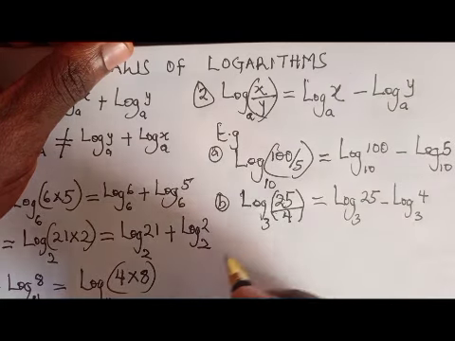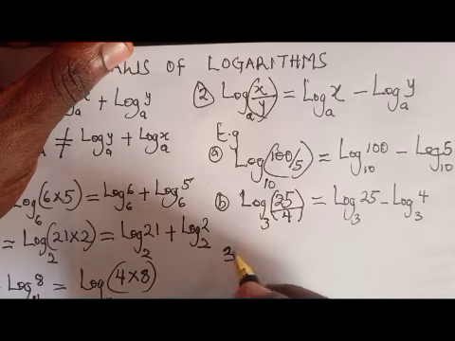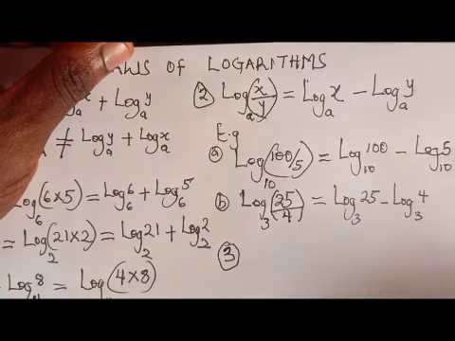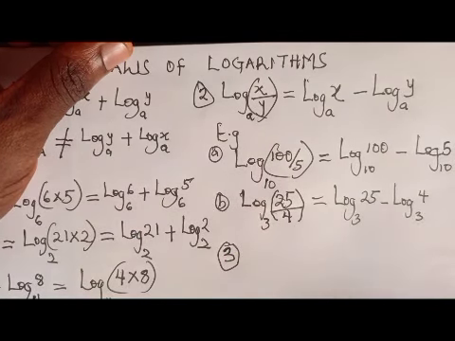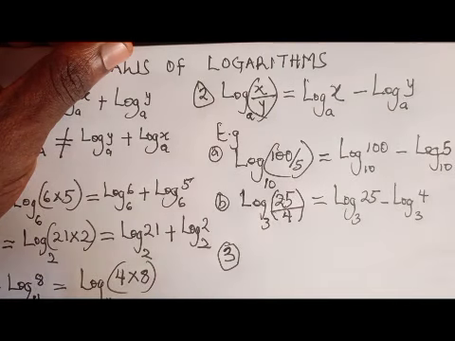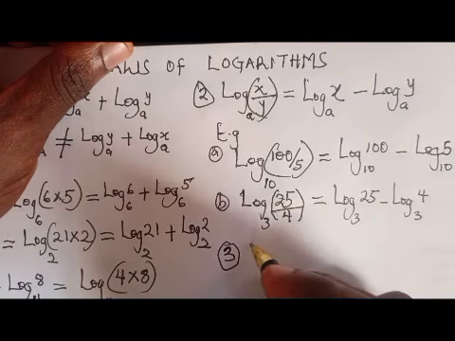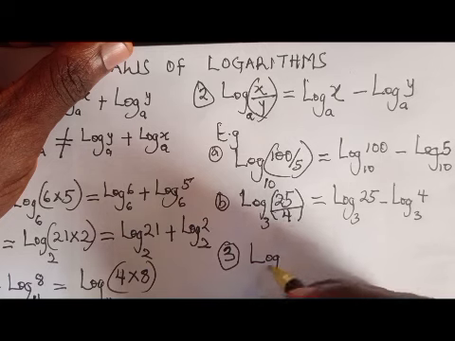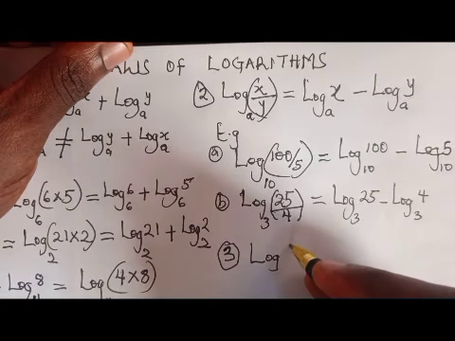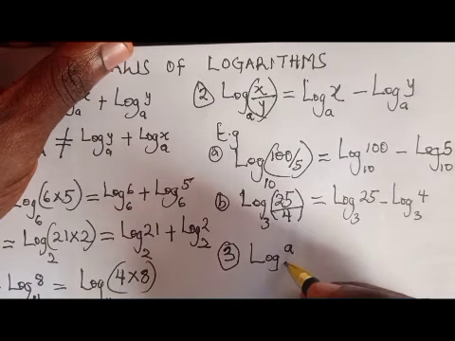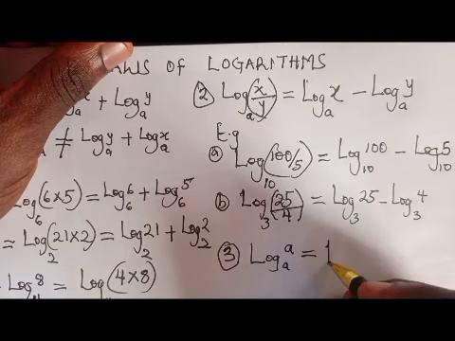So the third law of logarithm we are going to quickly look at is what we call the logarithm of a number to the same base. So this is very simple and straightforward. Let's say we are given log a to base a. That gives us 1.